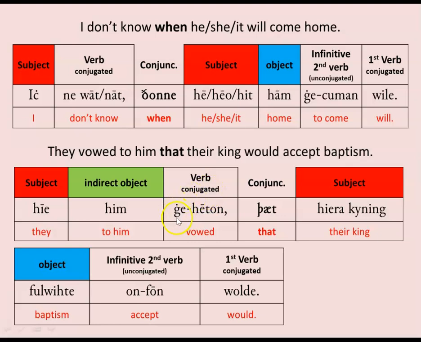The verb conjugated, yeheton, that's vowed, which is present tense, plural, third person, they, present tense, yeheton, vowed. Hier him yeheton that hier kuning fulwichte onfon walder. Okay. They to him vowed that their king baptism accept would.